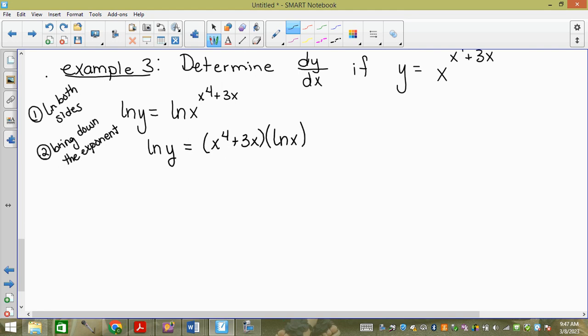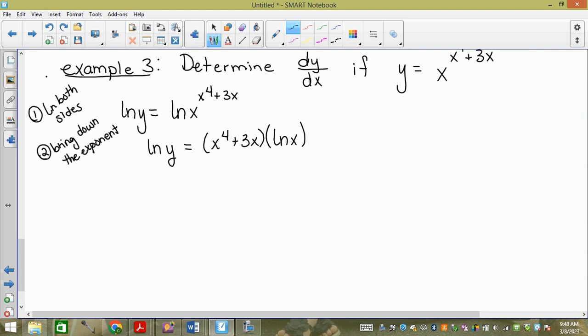Now, if I gave you this question, could you do it? No, the other one's a numerical base to a variable exponent, but you end up with pretty much the same pattern. How are we going to solve this one? No, because we haven't done the derivative yet. All we've done is literally taken the ln of both sides.